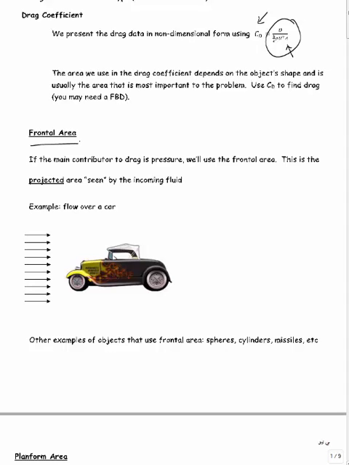If you were standing right in front of this car, assuming you can't see any depth, you'd see little wheel wells here, the main body of the car, and the top. That would be the area that you would use for that car. So that's the frontal area.